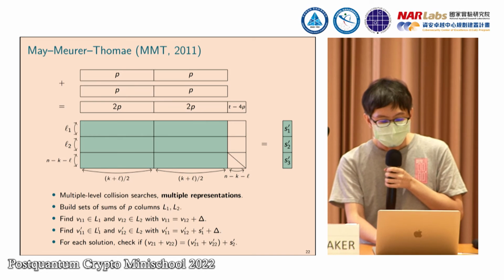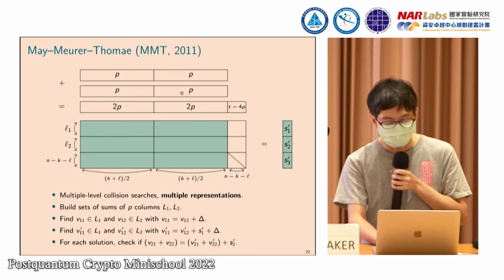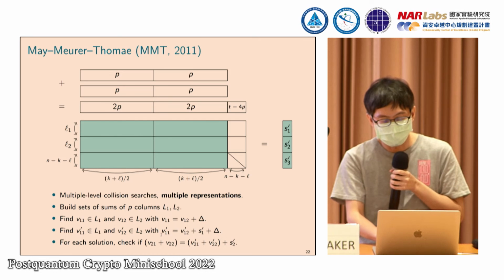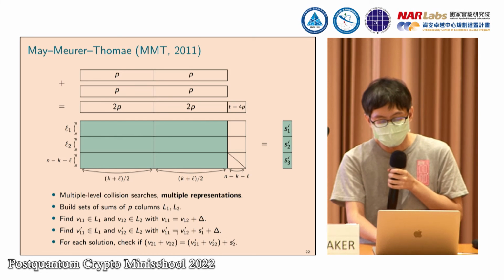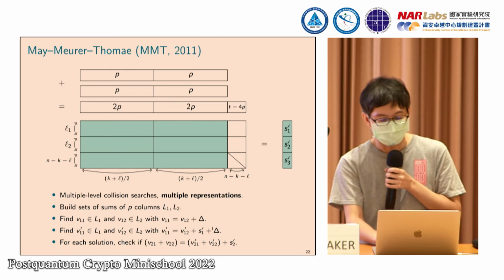And then you also do something similar for this part. Now everything is similar except that the second list consists of the sums of p columns plus S1 prime plus delta.